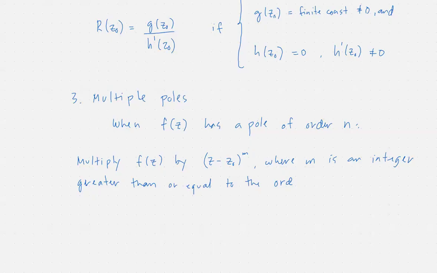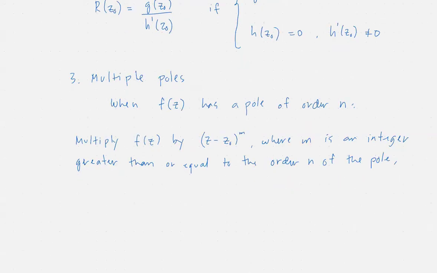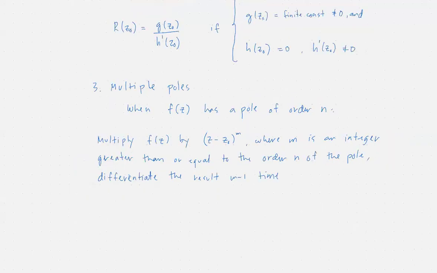And then, after multiplying, you differentiate. That means you take the derivative of the result m minus 1 times, meaning it depends on the value of m. So if m is 2, then you just take the first derivative. If m is 3, then it's going to be the second derivative, and so on.